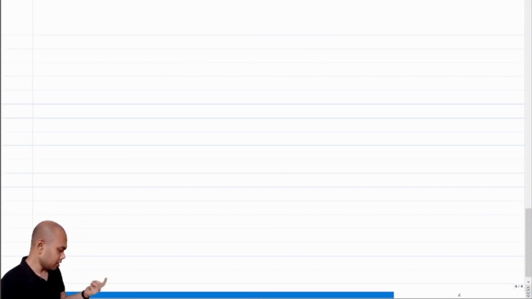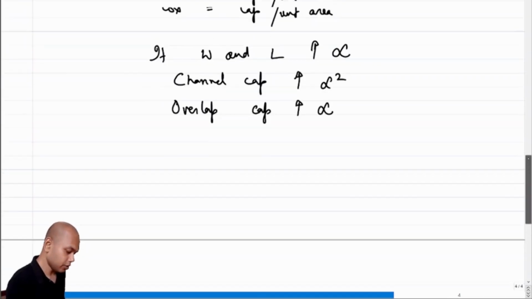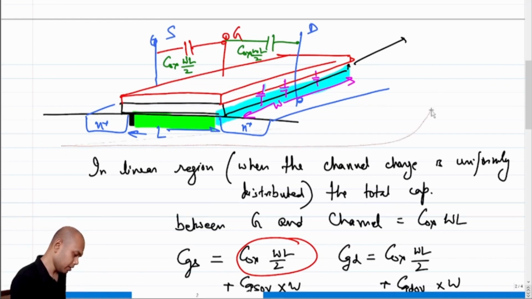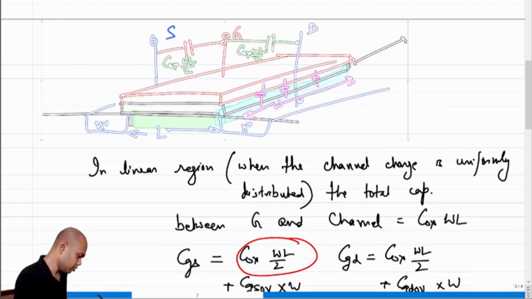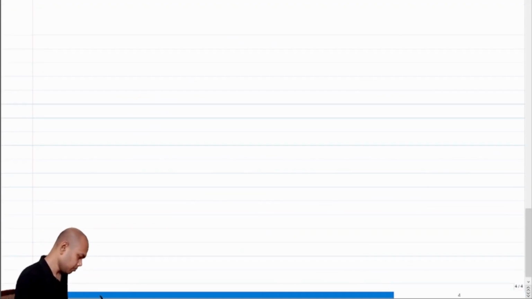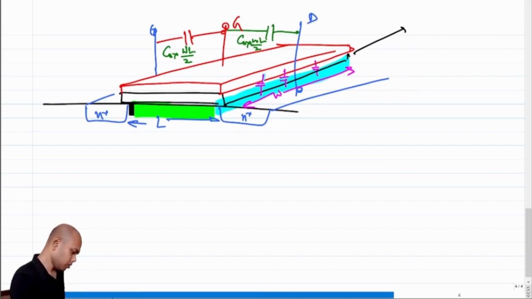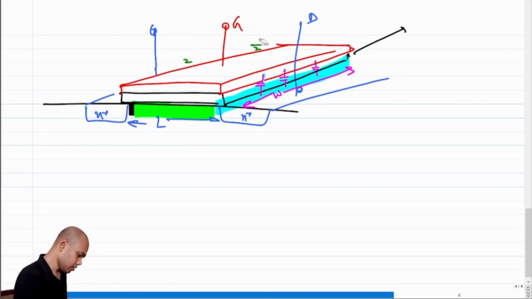But another interesting thing that happens is, what happens when our transistor is in saturation region, right? So this is kind of triode region operation that we are dealing with. But let's say our transistor is in saturation region, then what happens? So let's see. So in saturation region, let me get rid of this stuff.